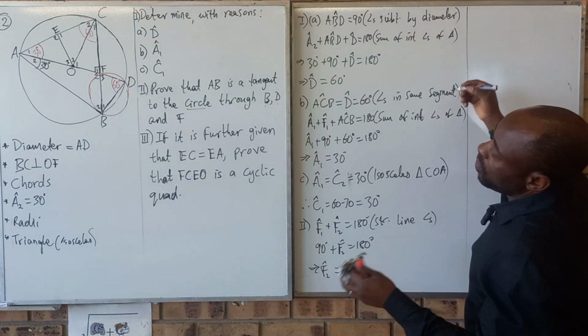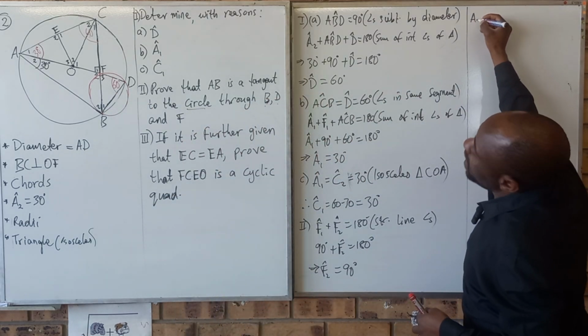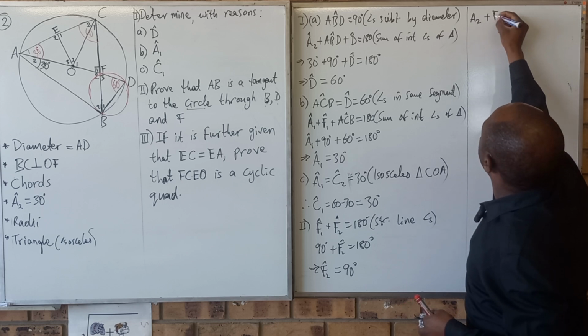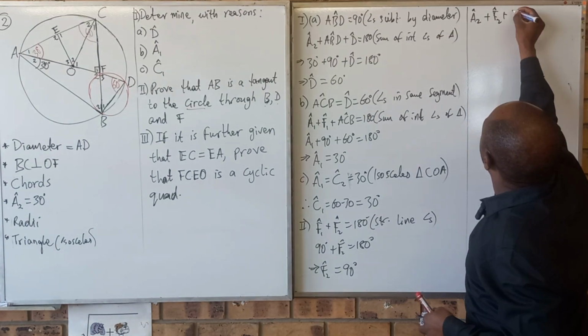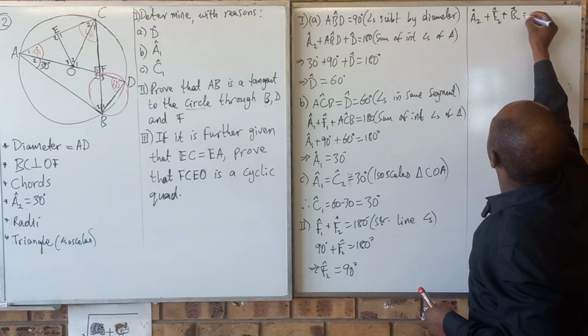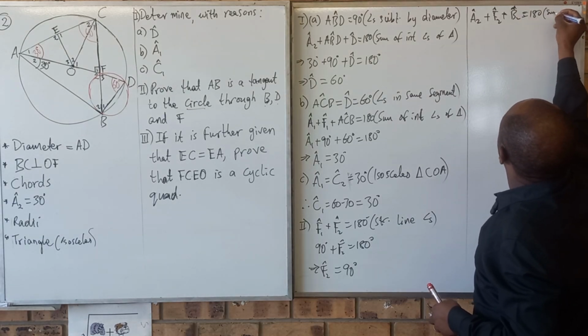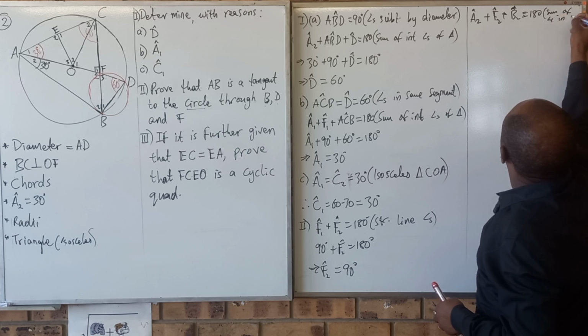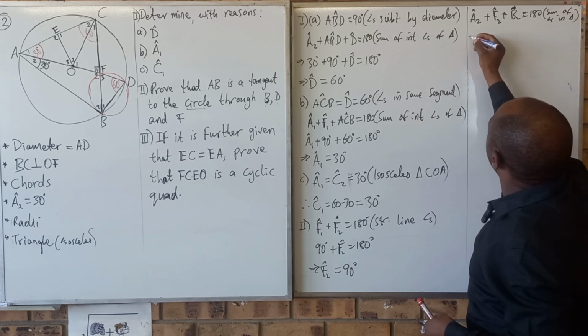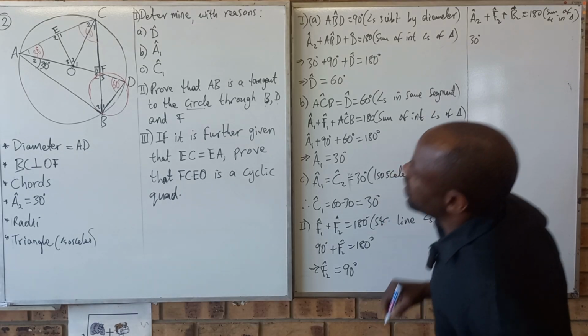So you can see there that A2 plus F2 plus B2 is equal to 180, that is the sum of angles in a triangle. So our A2 we had 30, that was given.